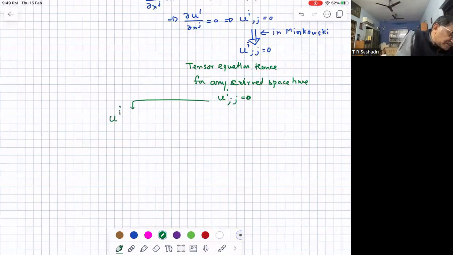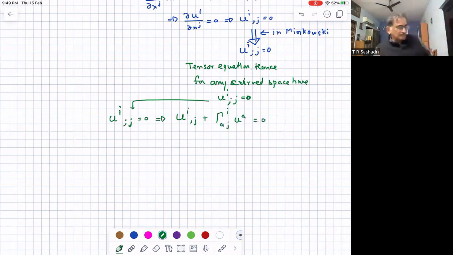This means u^i_{;j} is equal to 0, which implies that u^i_{,j} plus Gamma^i_{aj} u^a equal to 0. All right? Now, I multiply by dx^j.